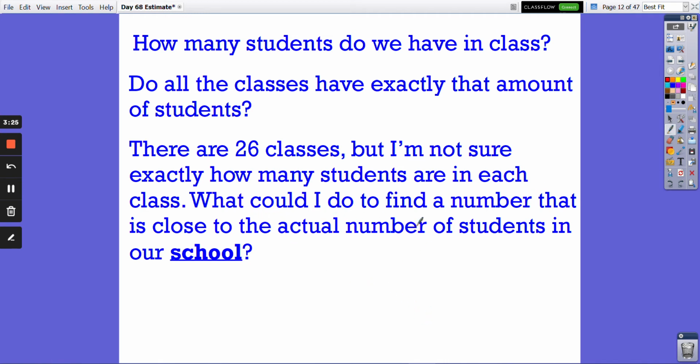What could I do to find the number that is close to the actual number of students in our school? 26 classes. And I said some classes will have 37, some classes will have 27, 24 in them. So it might be good to find some middle ground there and go with 30 per class.